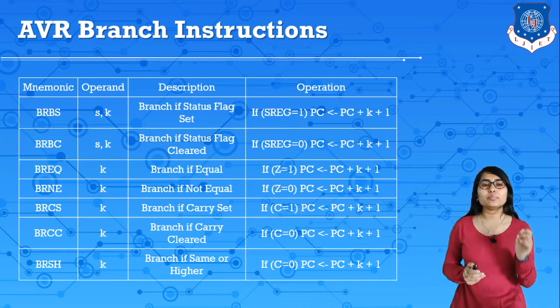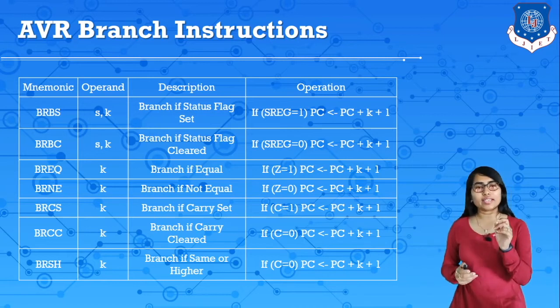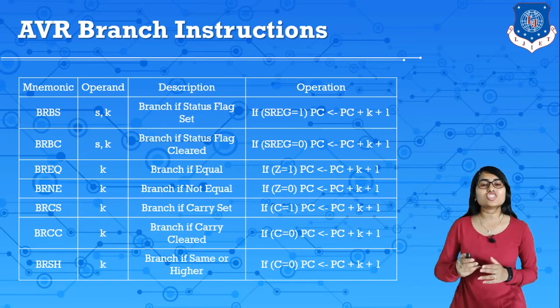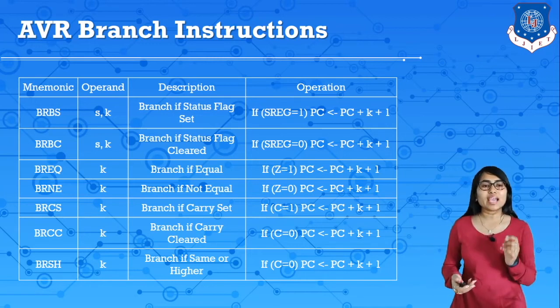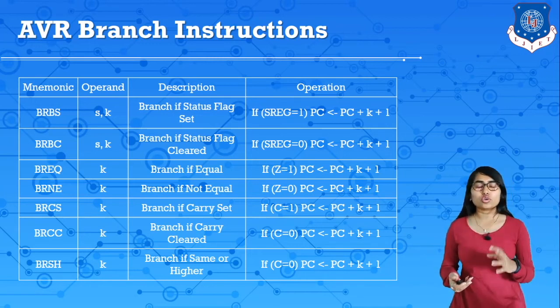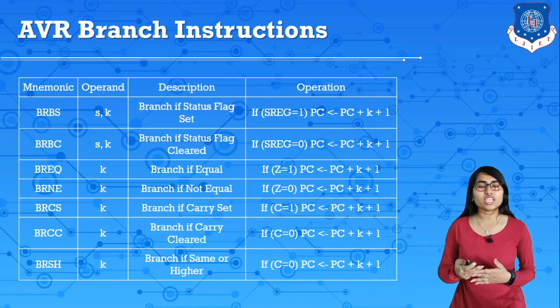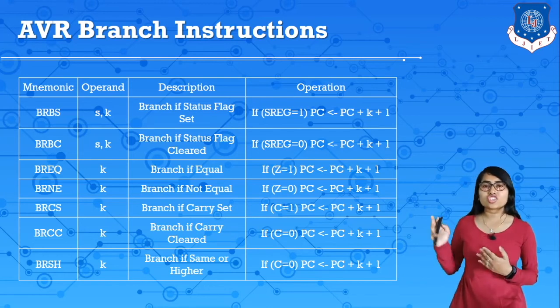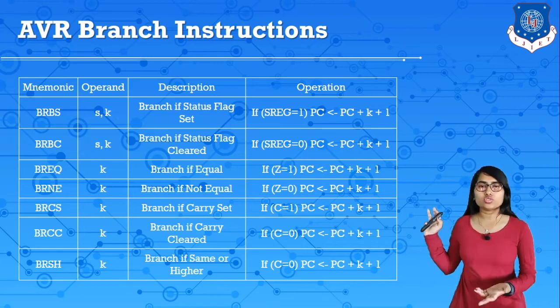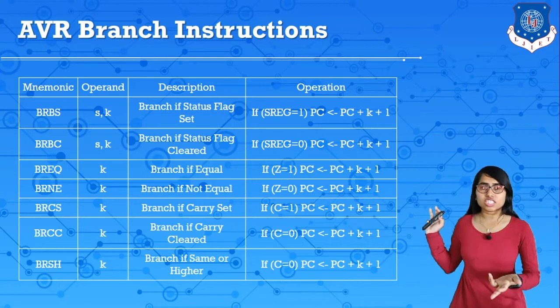So first is BREQ K, that means branch at K and add this value in the program counter if equal. So BREQ, branch if equal. If we want to find the condition for equal, we check the Z flag. If numbers are equal, the result of A minus B is equal to 0, that means the zero flag is set.